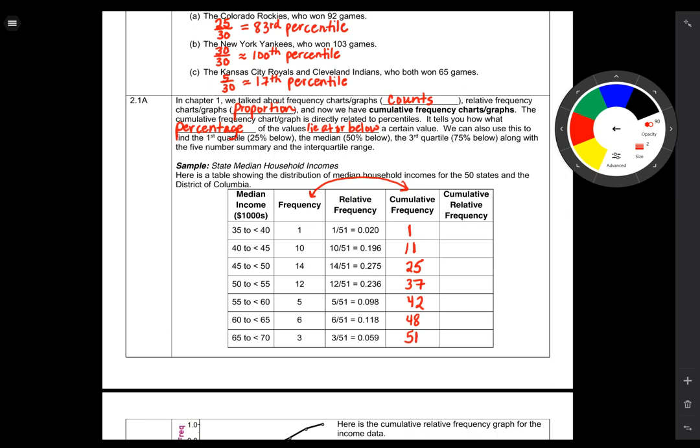The cumulative relative frequency would be related to this column. For this one, it's 1 over 51, because these are your proportions or percentages. That's 0.02. The next one would be 11 over 51, that's 0.216. I calculated all of these for you for the sake of time.